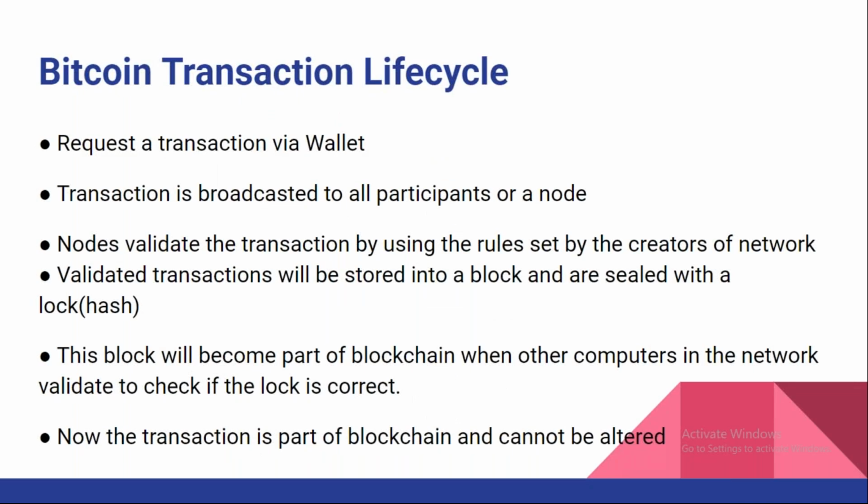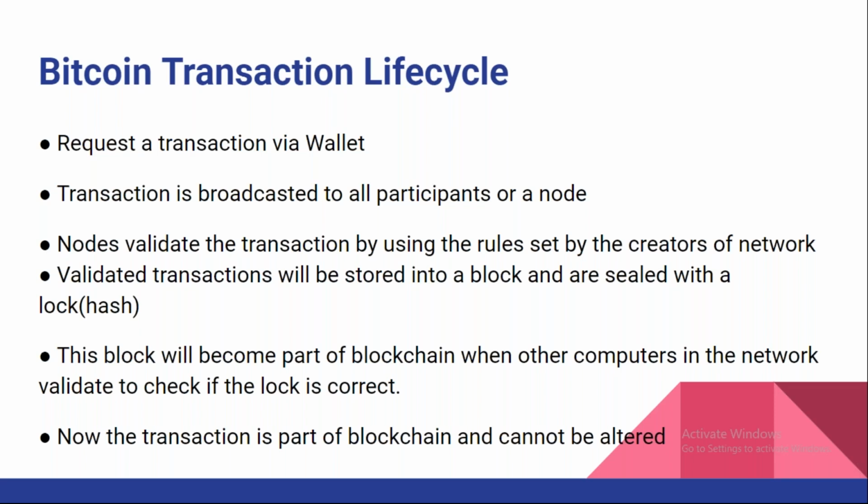The next one is the Bitcoin transaction lifecycle. In the Bitcoin transaction lifecycle, once the wallet is created and a transaction is initiated from the wallet, the transaction is first broadcasted to all the nodes in the network.